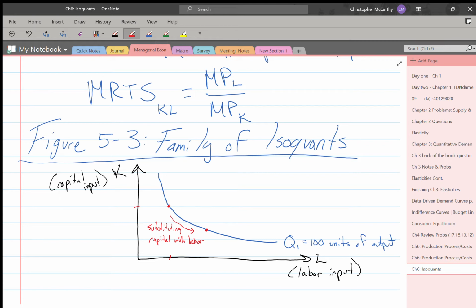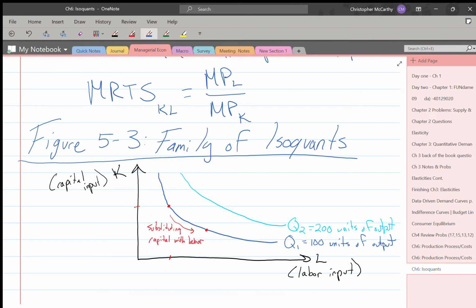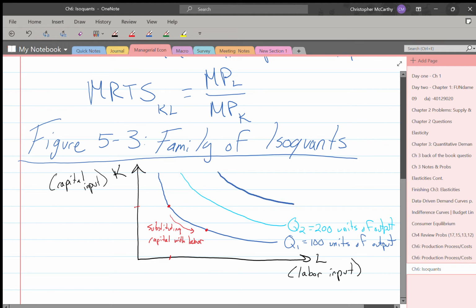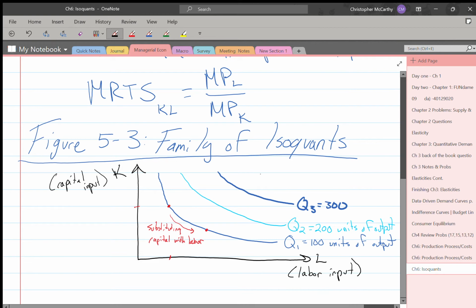And so this is a family of isoquants, right? And so that was our hint that there's not just going to be one. There are different isoquants related to different units of output. And so as we go out, we are increasing the amount of output.